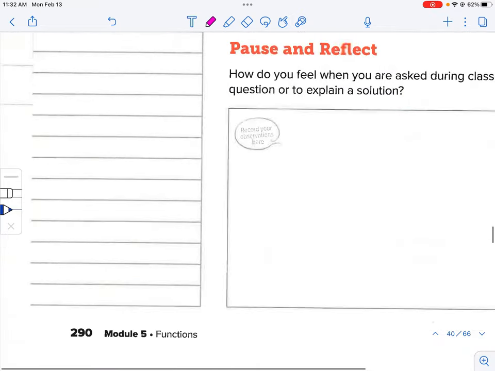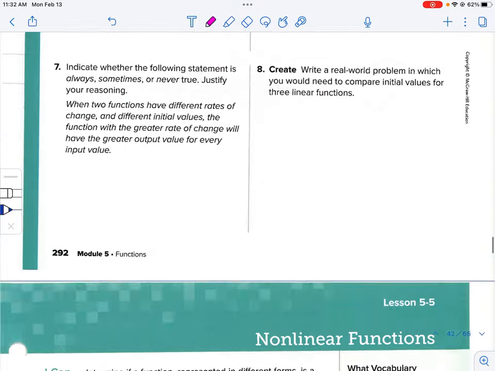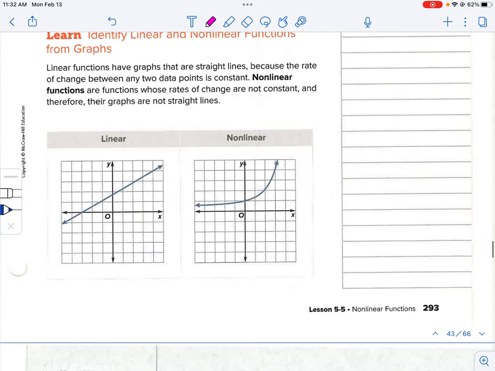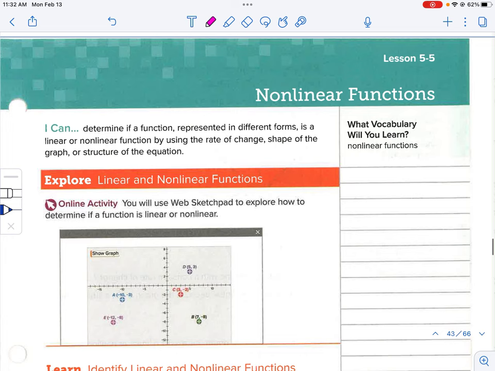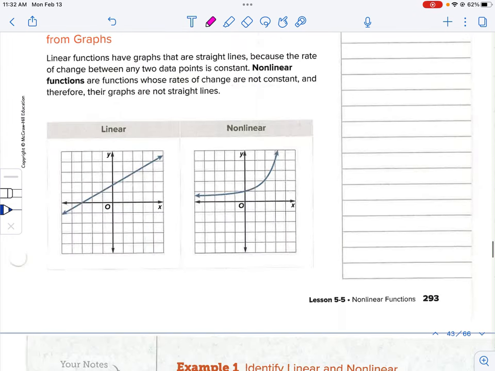We're actually going to go to the next section, and that is on page 293, whether it's a linear function or a nonlinear function. So if I look at this, guys, linear means it makes a line. It has a constant rate of change.